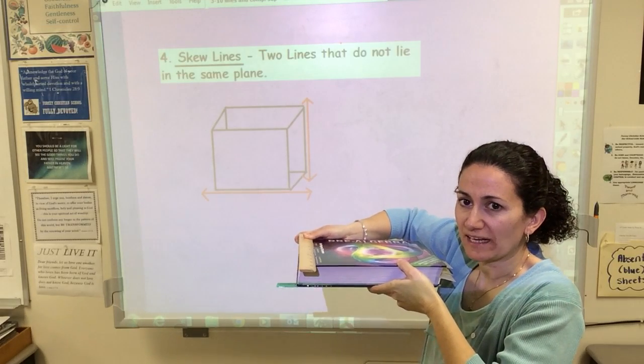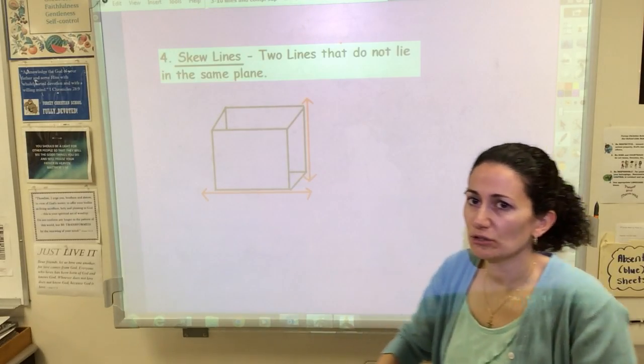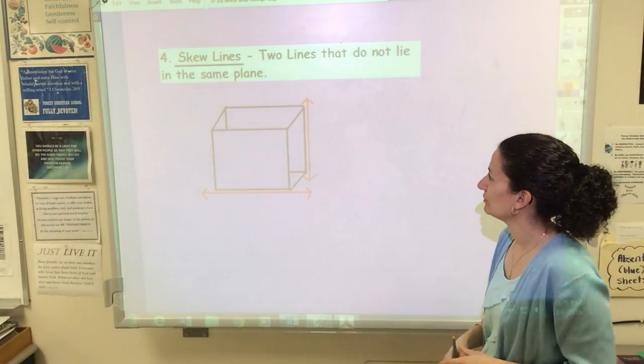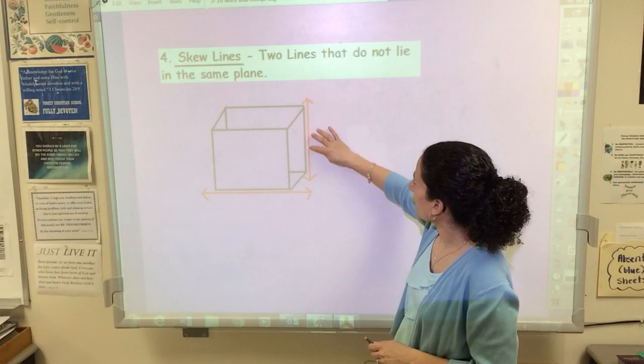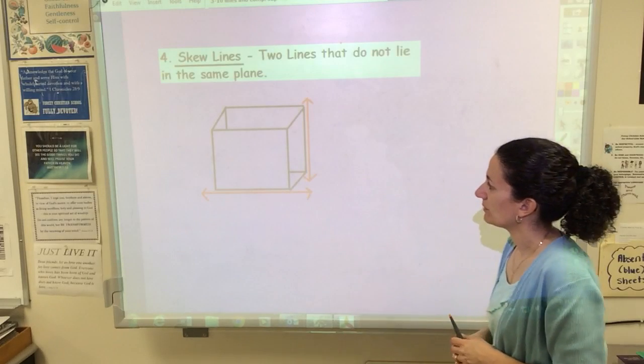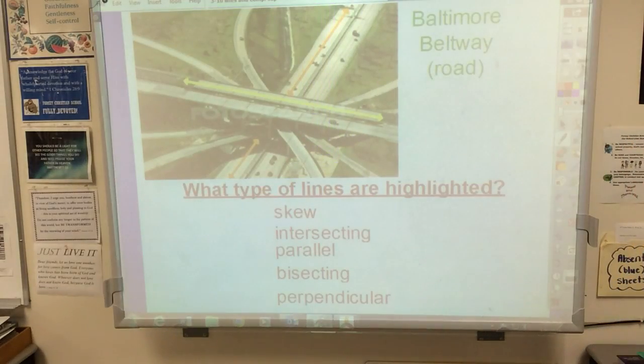They're not intersecting. Different surfaces of the book. So with skew lines, you can kind of see in this diagram here, a three-dimensional drawing on a two-dimensional surface. The back side of the cube and the front bottom of the cube are forming skew lines. I'll show you some more examples of real-life skew lines.